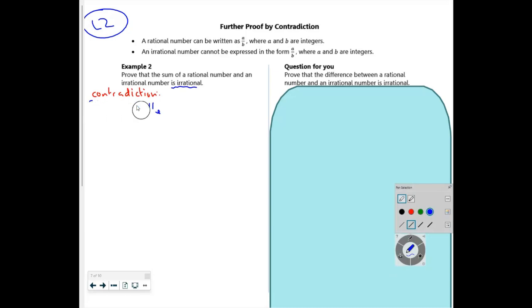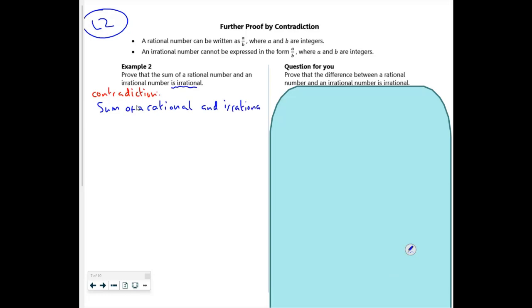It's not prove, is it? So I'm just going to say the sum. Sorry. There.